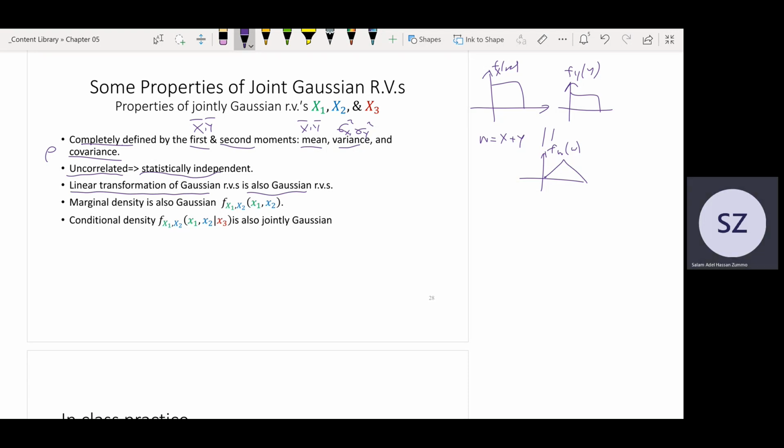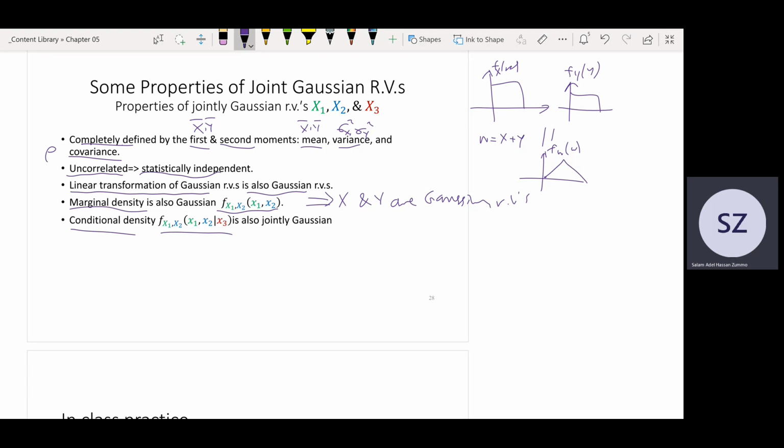If you have jointly Gaussian, then the marginal also is Gaussian. Marginal. So if this is jointly Gaussian, then x and y are Gaussian random variables. إذا هم jointly Gaussian, then every one of them is Gaussian. Marginal is Gaussian. واخر شيء, but again we have to prove it, conditional density.